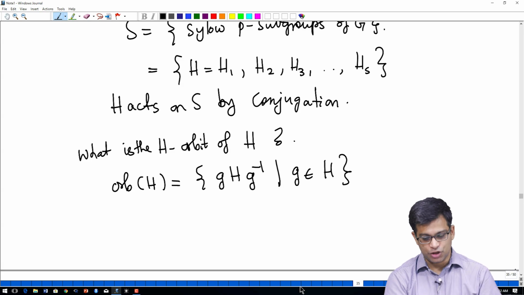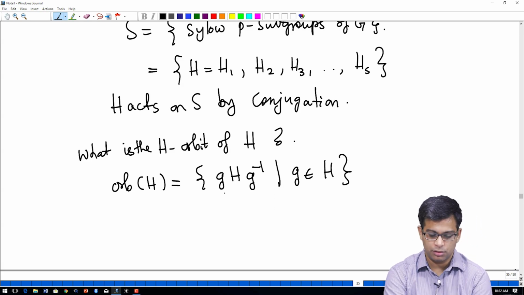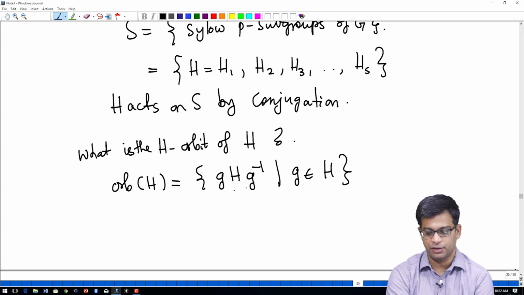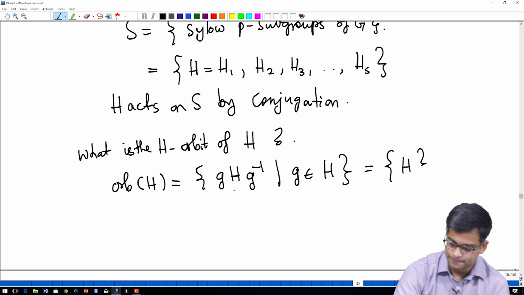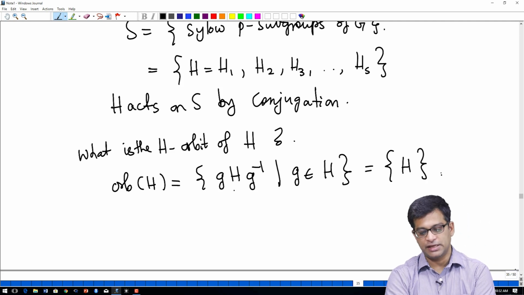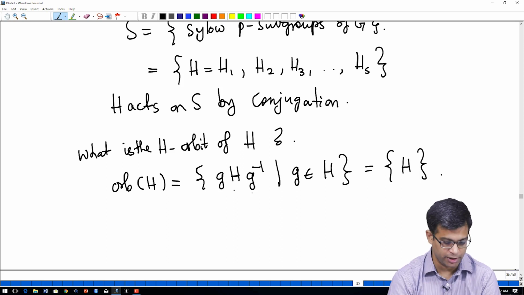I am only interested in the H orbit of H. What is the H orbit of H? It is all groups of the form G H G inverse where G is in H, but this is exactly H, right, because if G is in H, G H G inverse is H. So, the orbit of H is just the singleton H.